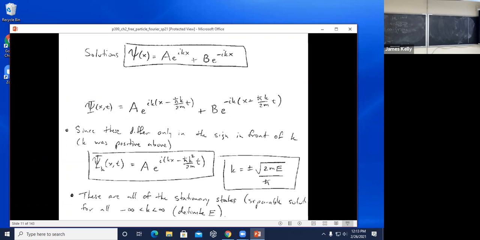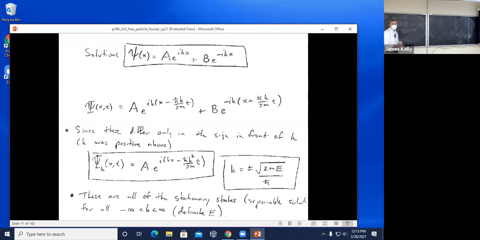So what we're finding is that for the free particle, our states of definite momentum and our states of definite energy are almost the same thing. Well, I guess I should say, if we take a state of definite momentum that corresponds to a definite value of K between minus infinity and infinity, there are 2 values of K that have the same energy.